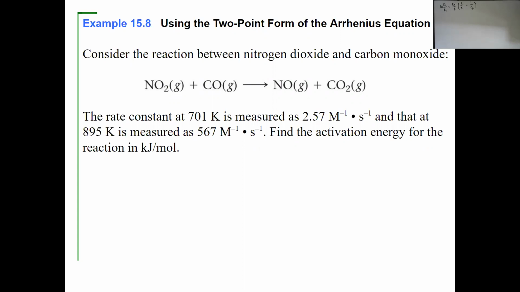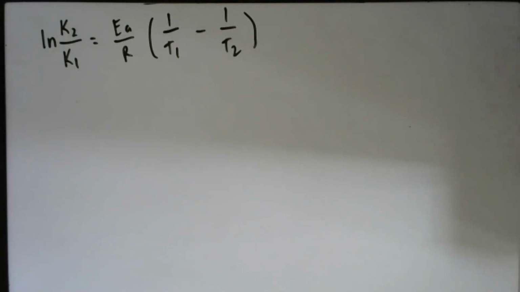Okay, so there's a relationship here between activation energy, temperature, and your rate constant. And that's what we're going to be focusing on here. So we're going to look at the different parts of this equation first.